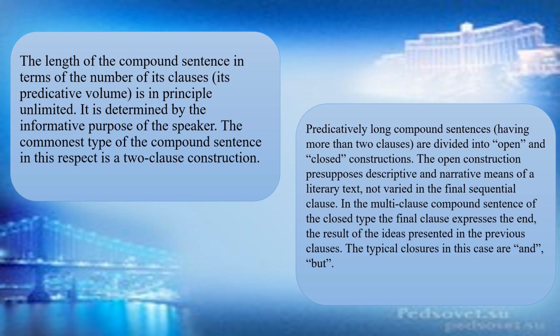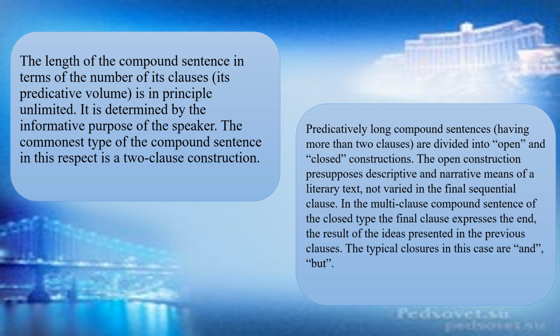Now, let's start our lecture. The length of the compound sentence in terms of the number of its clauses, its predicative value, is in principle unlimited. It is determined by the informative purpose of the speaker. The commonest type of the compound sentence in this respect is a two-clause construction. Predicatively long compound sentences having more than two clauses are divided into open and closed constructions.